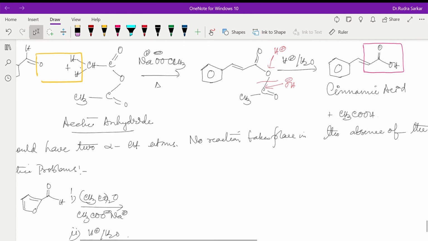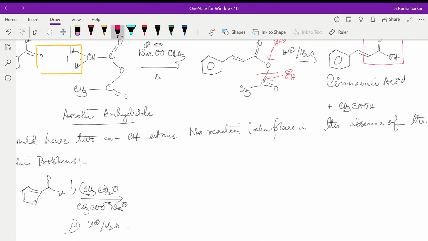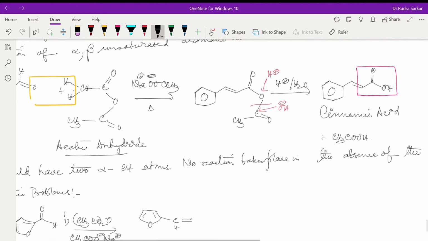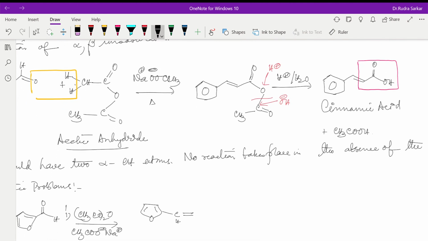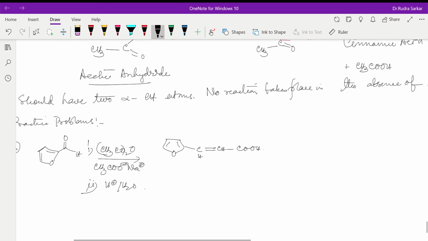So for this reaction, keeping the same analogy, this is my CH, which will form a double bond, and what do I add? CH, COOH, and that is my answer.